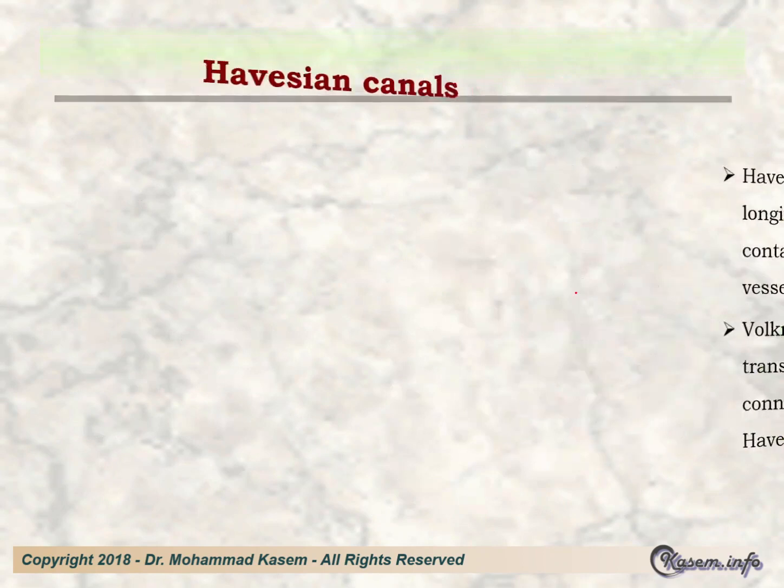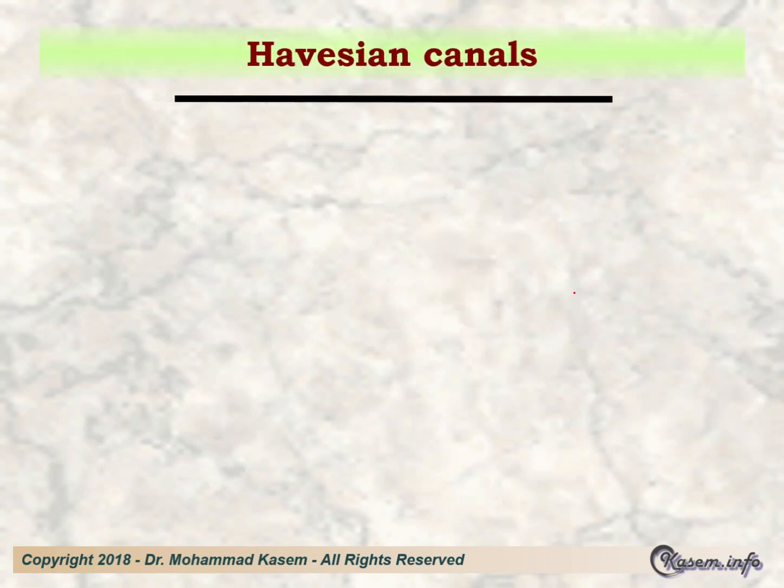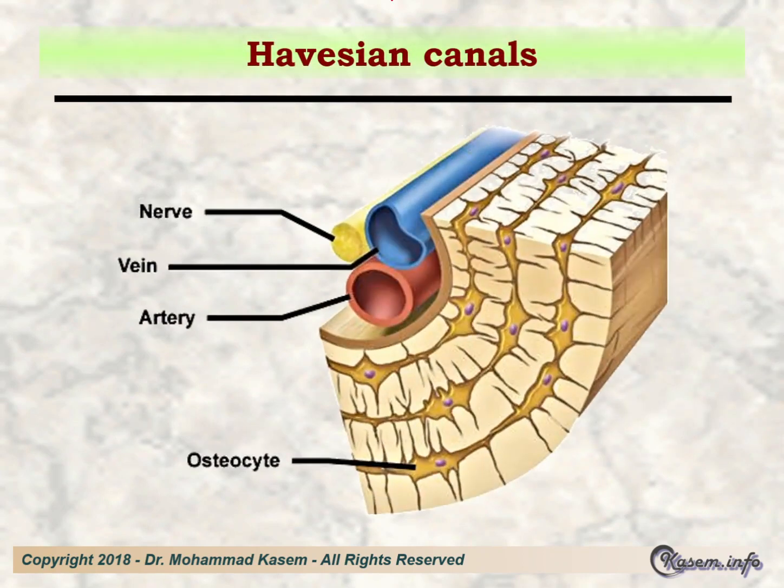Okay, see the contents here are clear. They may be nerves and vessels, like veins and arteries, small vessels of course, running inside these Haversian canals.